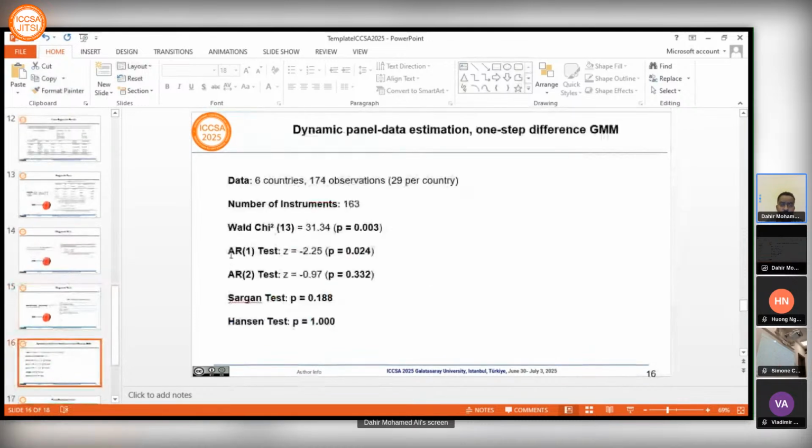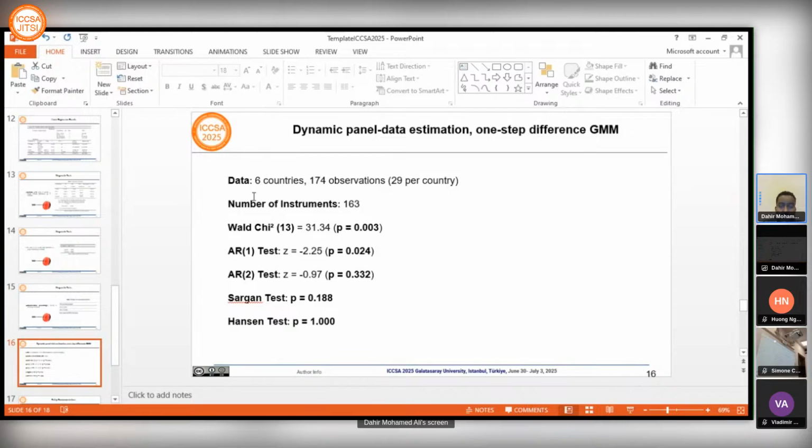The final part, we test the dynamic panel model, a one-step difference GMM. The data we use is 6 countries, and we have 174 observations, 29 for each country. The number of instruments we use was 163, and our p-value is 0.003, which is less than 0.05.